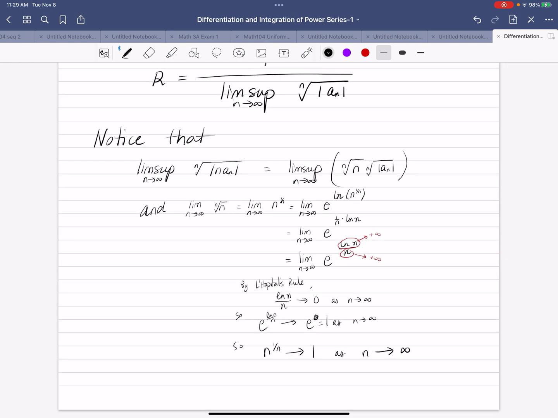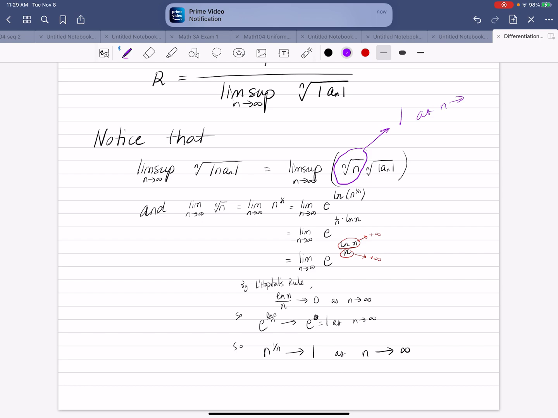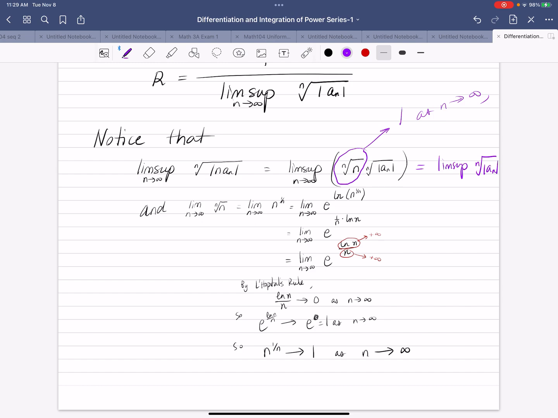So since n to the 1 over n goes to 1 as n goes to infinity, the lim sup of this product is going to be the same thing as just the lim sup of the nth root of the absolute value of n.